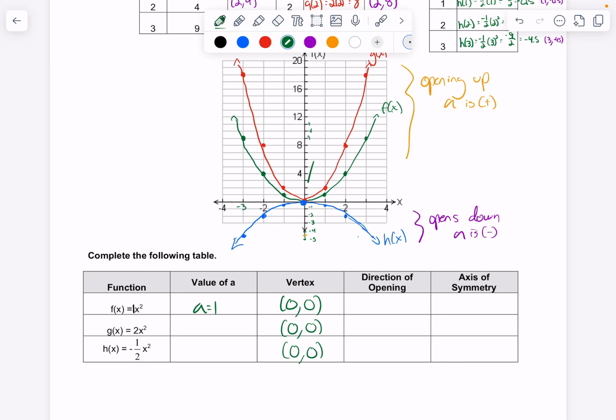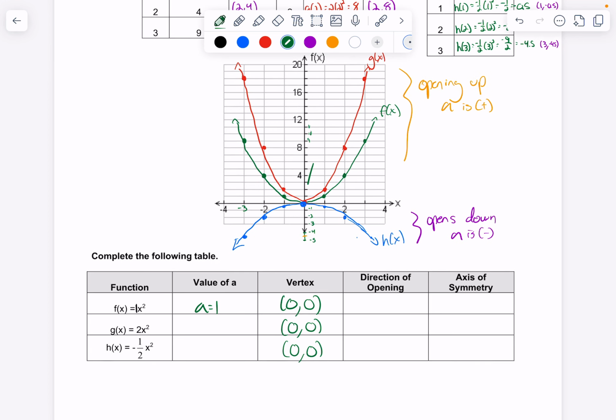F of x, so let's go back to the top. Direction of opening, as we just said, is it opens up. A is positive.